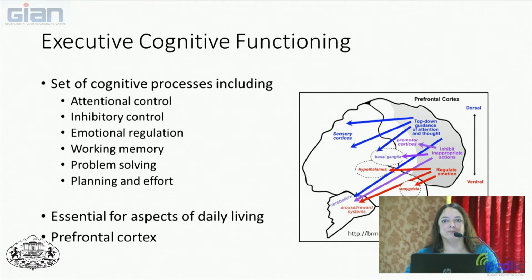If you remember old Phineas Gage, who had the rod through his head, he destroyed a lot of the cells in the frontal cortex that are responsible for this executive cognitive functioning. So if you lose that, you become an unregulated person who will say anything, or what we might call a loose cannon in the U.S.